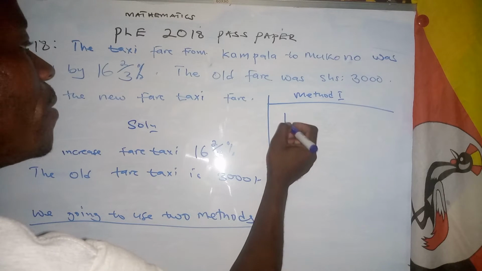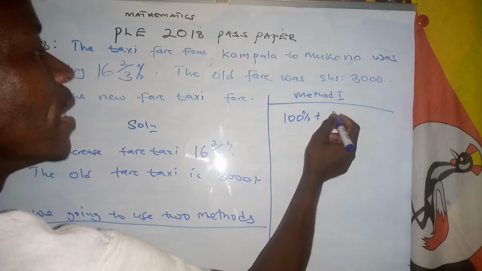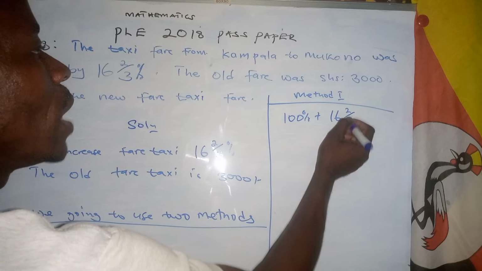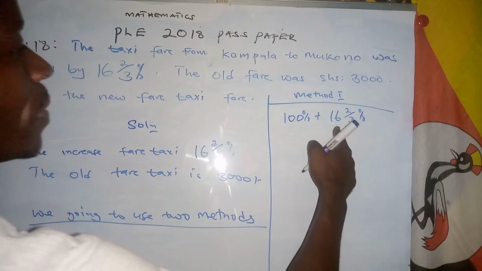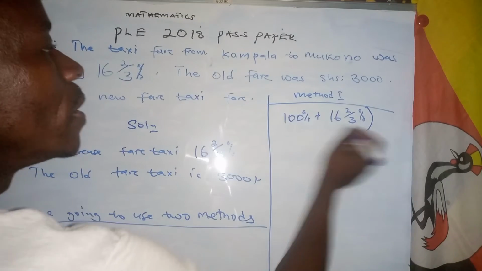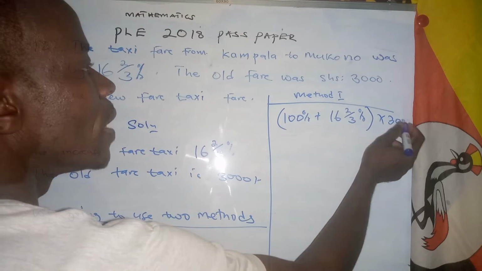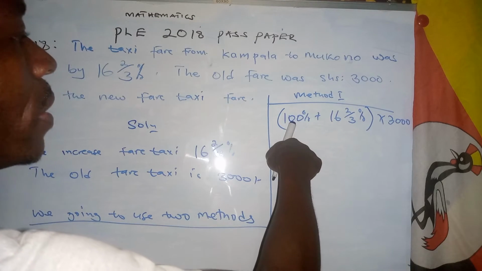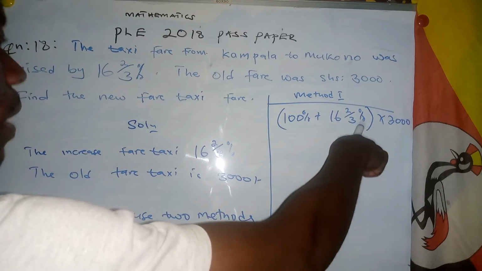We get 100% plus 16 and 2 out of 3%, times 3,000. So here it is 100% plus 16 and 2 out of 3%.